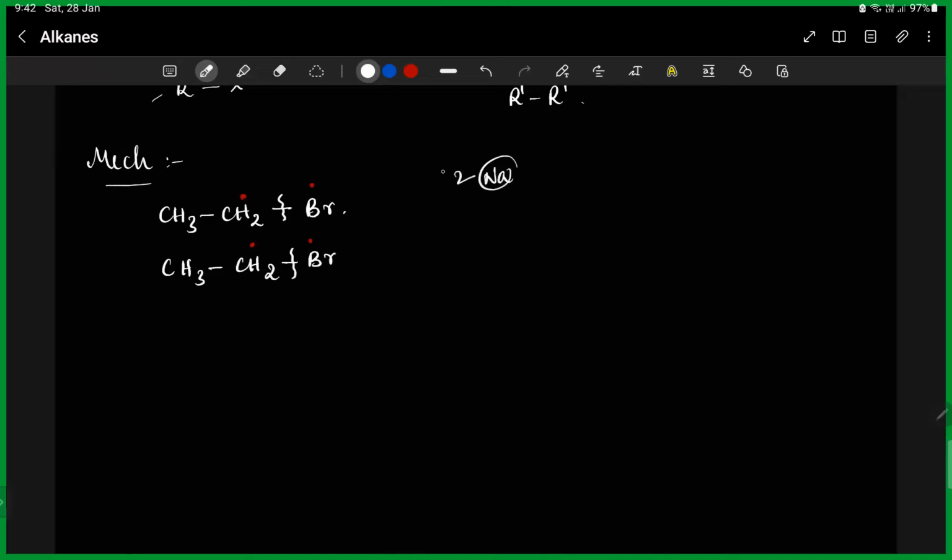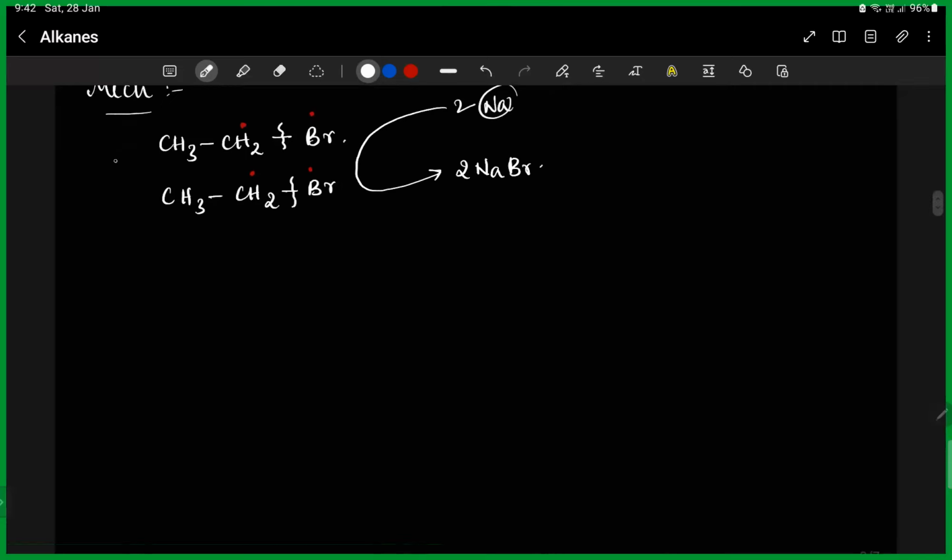These 2 moles of Na will react with the two Br, and 2 moles of NaBr are formed. Then we have two radicals now, CH3CH2 radical and CH3CH2 radical.